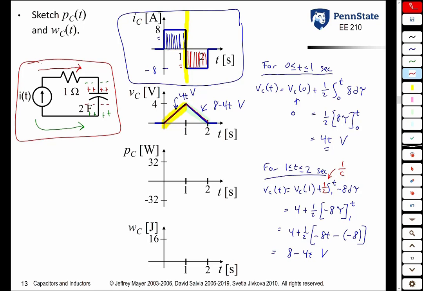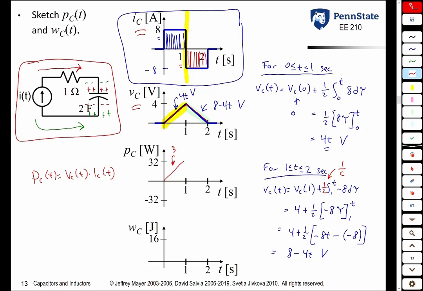Continuing on with the power and the energy now. So power, PC, is just the voltage across the capacitor times the current through the capacitor. So point by point, you multiply the current times the voltage. Between 0 and 1 second, 4t gets multiplied by 8.